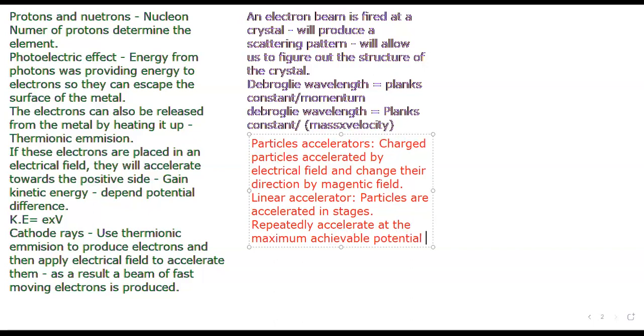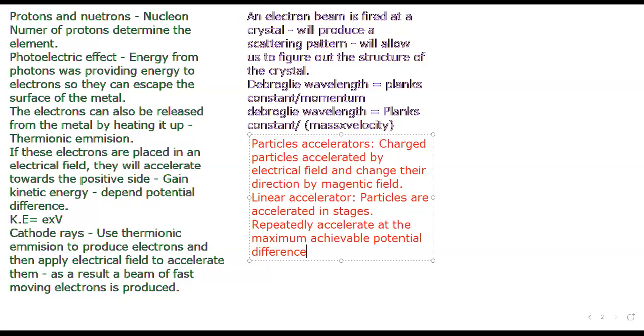Whatever that potential difference is, I will accelerate it again and again and again. As a result, we are able to accelerate the particles enough that they are fast enough to use for studying structures.